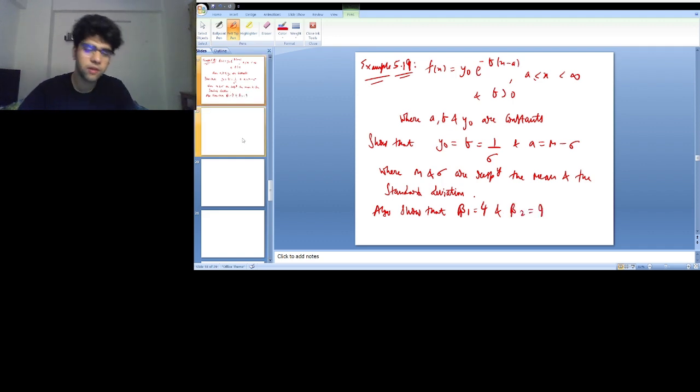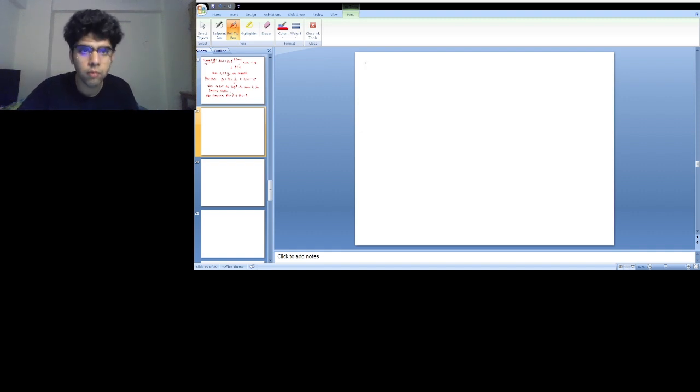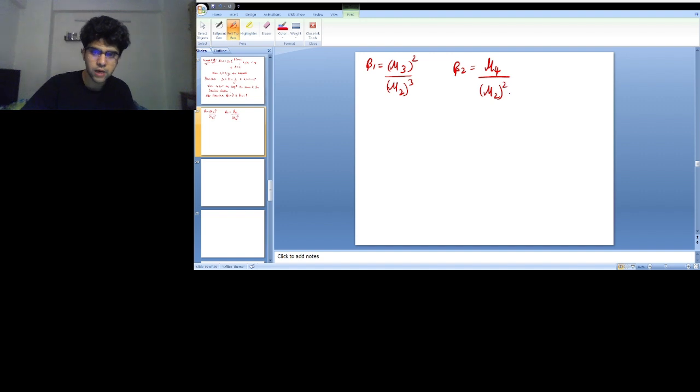So let me just write the formulas. I don't remember the formulas, so let me just write the formula for beta 1. The formula for beta 1 was the third moment with respect to the mean, the square of that, upon the second moment with respect to the mean, the cube of that. Beta 2 was the fourth moment with respect to the mean divided by the square of the second moment with respect to the mean.